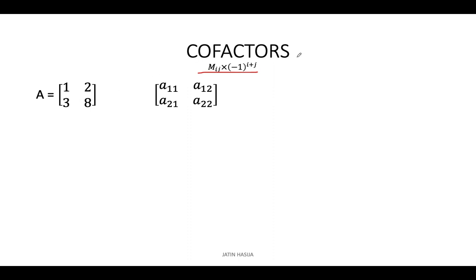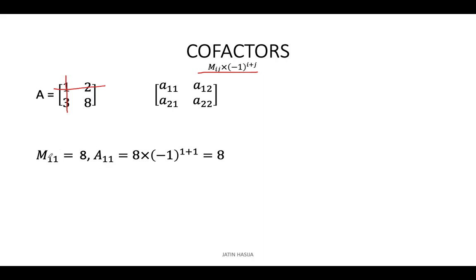In order to find cofactors, we have to first find minors. As explained, minors will be found out by the same method, ignoring. If I need to find this minor, ignoring this column and ignoring this row, you will get the minor.